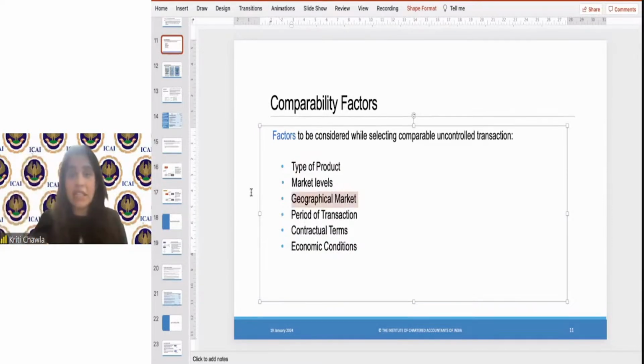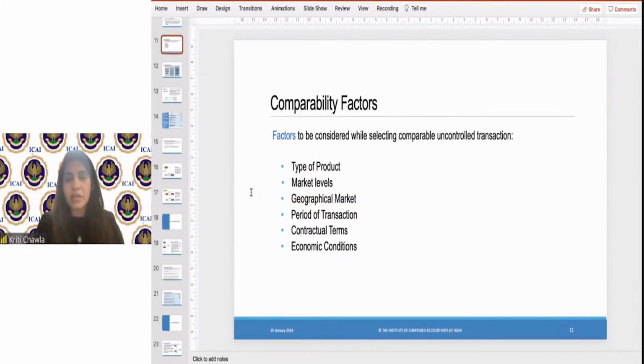Everything is satisfied, just this one thing is not. What do I do then? Should I reject that comparable company just because one thing is not established? Well, you can accept that company subject to something called adjustments.